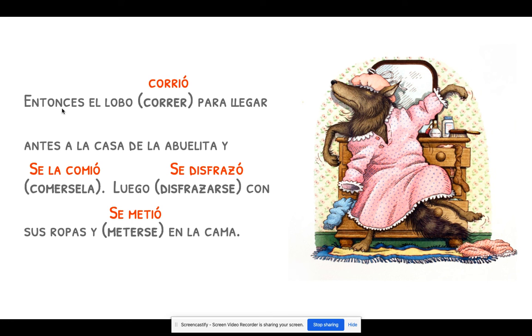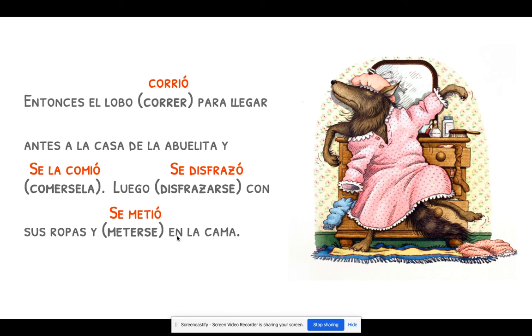Luego works a lot like entonces, meaning that it's going to cue in the next action in a sequence. Luego se disfrazó, and I mentioned before that disfrazarse means to dress up as. So you can see in the picture here that the wolf is dressing up as grandma. Entonces se disfrazó, he then dressed up like her with her clothing.